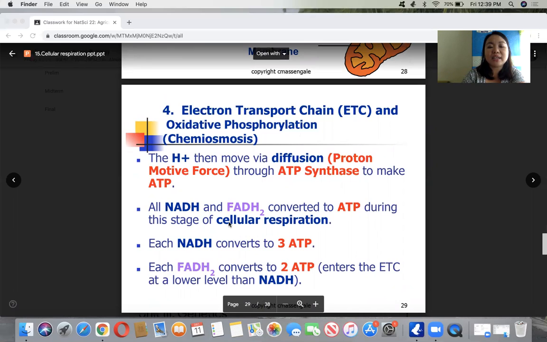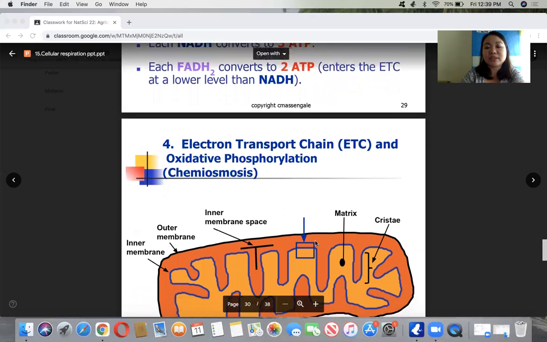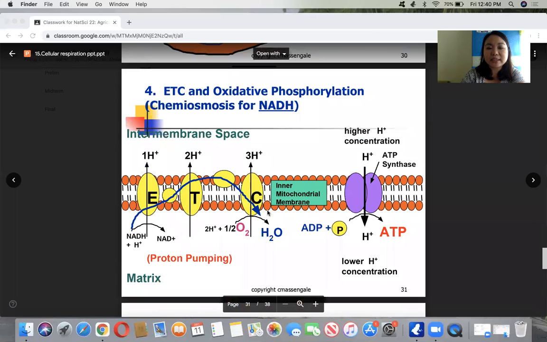And all NADH and FADH is converted to ATP during this stage of cellular respiration. Each NADH converts to 3 ATP, and each FADH converts to 2 ATP, which enters in the ETC at a lower level than an NADH. So this is where the mitochondria, where the ETC happens.